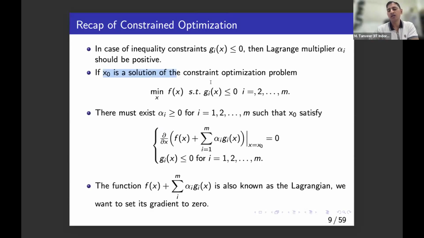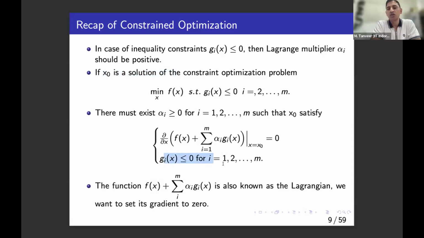Then there must exist non-negative Lagrangian multipliers such that x naught satisfies the partial derivative of f(x) plus alpha 1 g1(x) plus alpha 2 g2(x) and so on, over the number of inequality constraints, at x equal to x naught equal to 0. And now we just put all the inequality constraints here.